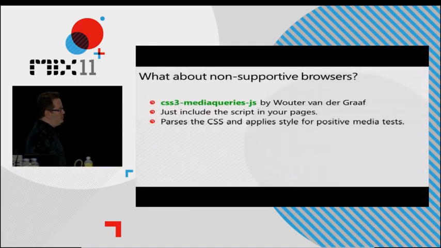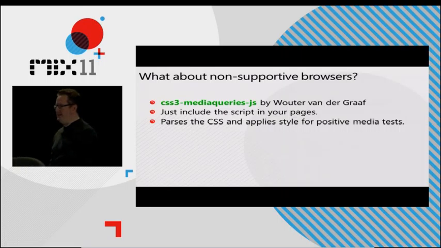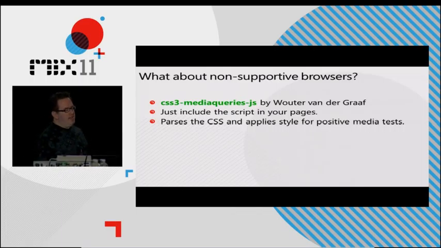Now, the question with all of this stuff is always, what do I do about non-supportive browsers, particularly those of the IE ilk? There is a gentleman named Wouter van der Graaf, I hope I've said it right, who wrote this really cool JavaScript tool. You can Bing it or Google it. It's css3-mediaqueries.js.